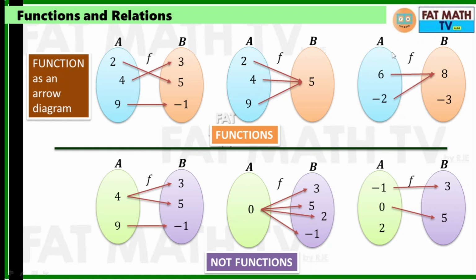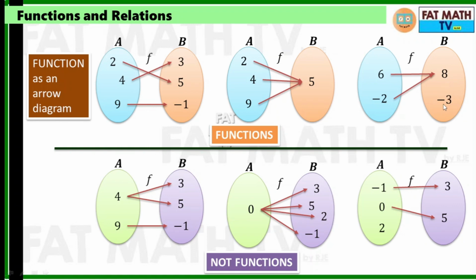And the third one here, we have 2 elements in the domain, 6 and negative 2. So each element is paired to only one y value. 6 is paired to 8. Negative 2 is paired to 8. So each element of the domain is paired to only one element in the range.